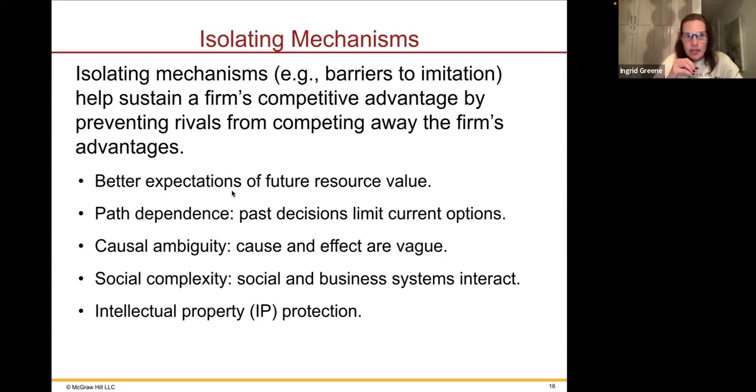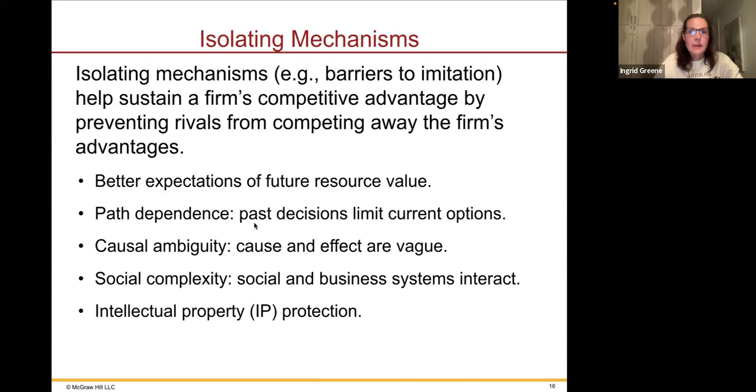If they seek out cheaper land that they know will appreciate, they can either sell it or rent it out. That's a great way of sustaining your competitive advantage, looking to the future as to what the value will be.